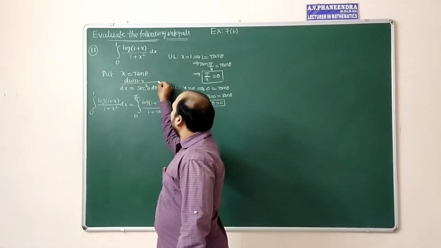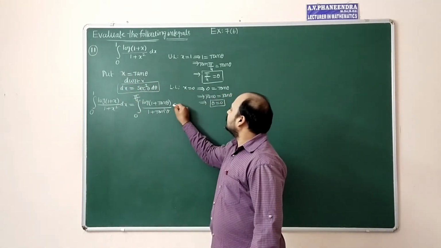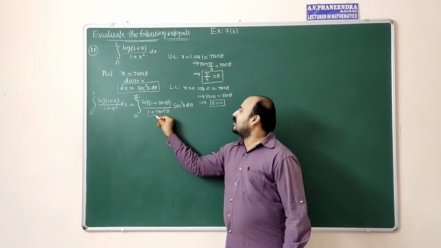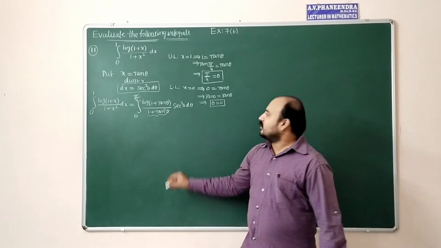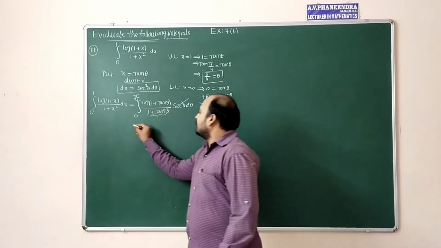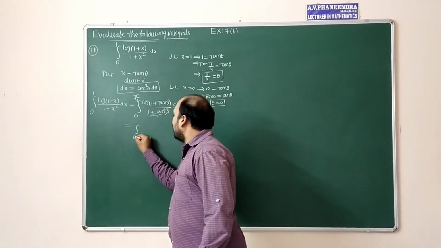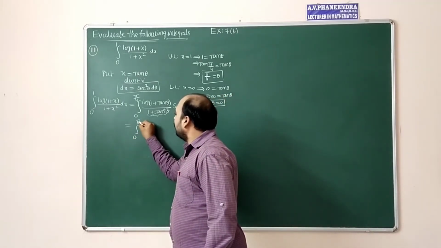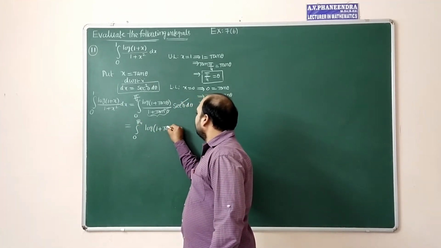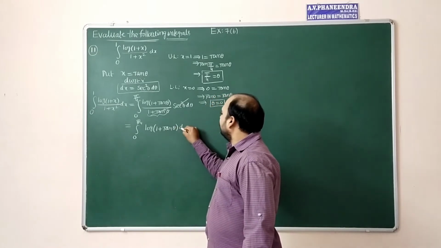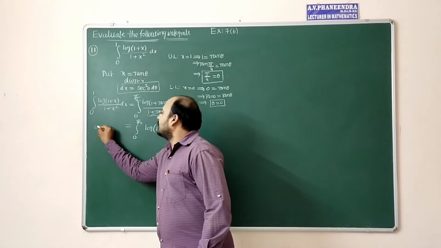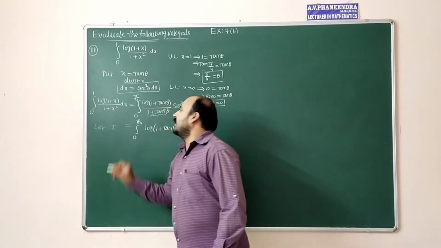We know that 1 plus tan square theta equals secant square theta, no? So we can cancel secant square theta with 1 plus tan square theta, which gives integral 0 to pi by 4 of log of (1 plus tan theta) d theta. After reaching this step, you have to assume that this integral is I.